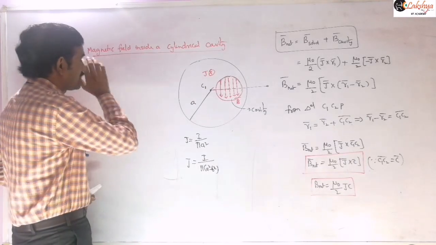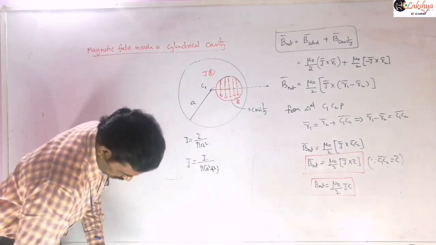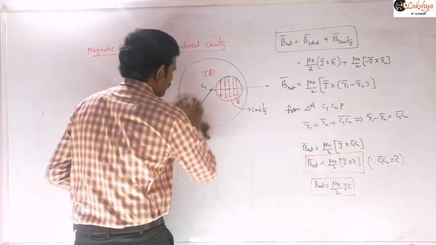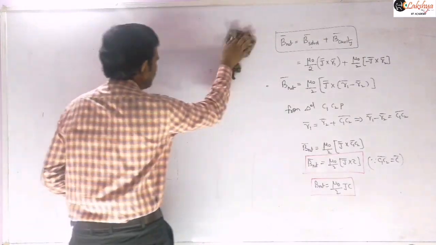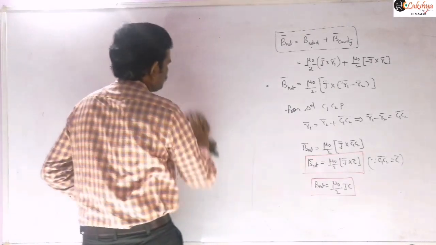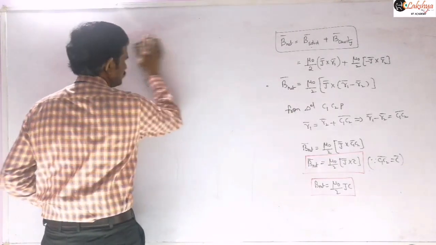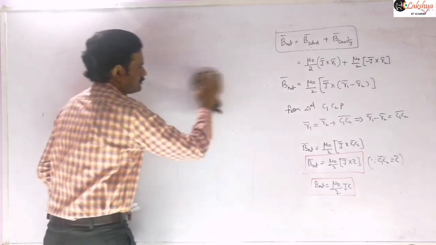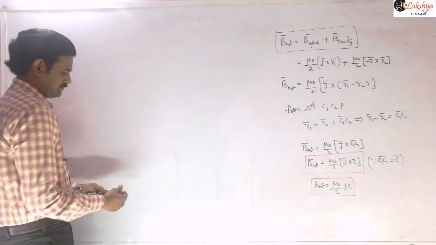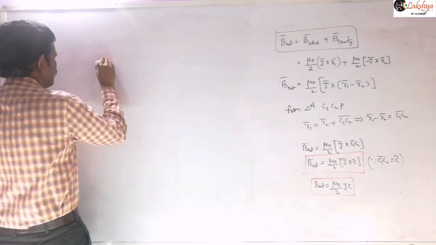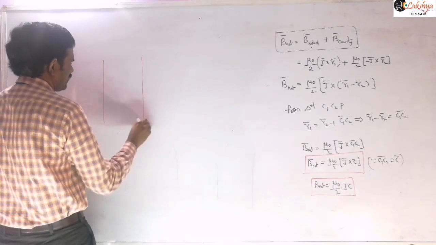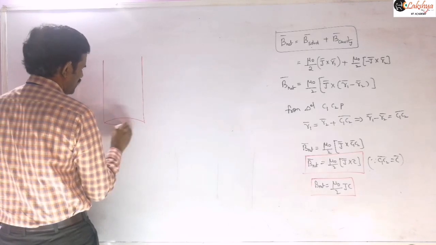Now I will take a simple problem based on this, and let us calculate the magnetic field at different points. I am taking a cylindrical cavity like this. It's a long cylinder only.